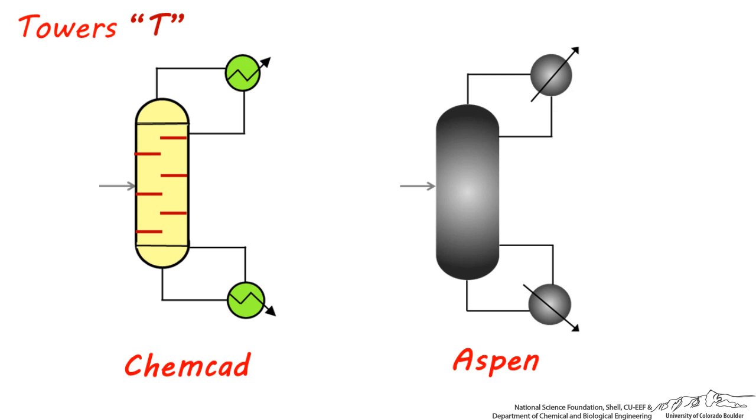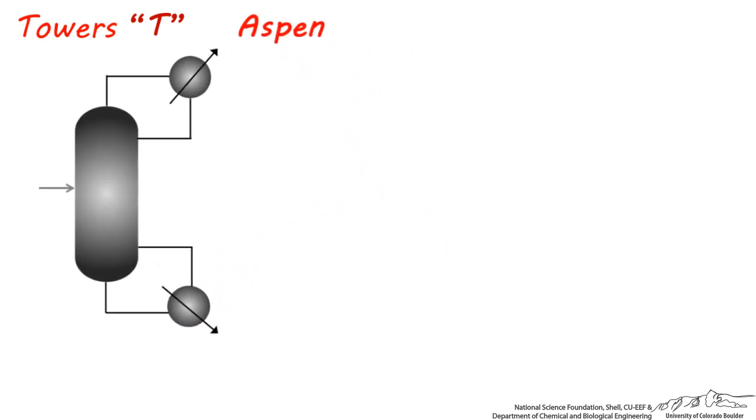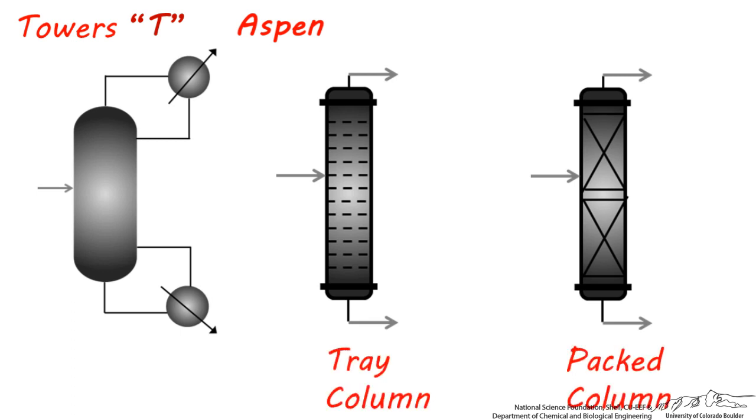The ChemCAD symbol is used quite frequently, but in terms of Aspen symbols, there are a couple other variations for separations processes. These drawings are similar to the symbols available in Aspen for specifying tray and packed columns in case you feel the default unit doesn't visually describe the process unit accurately enough.